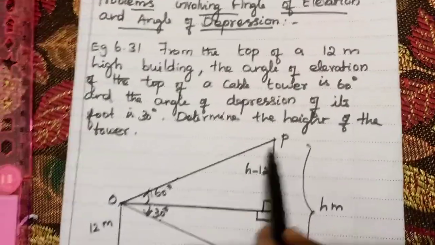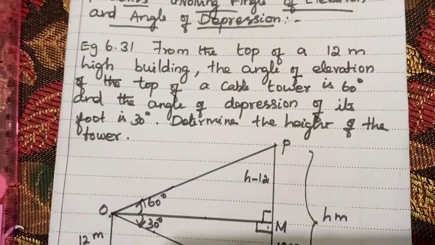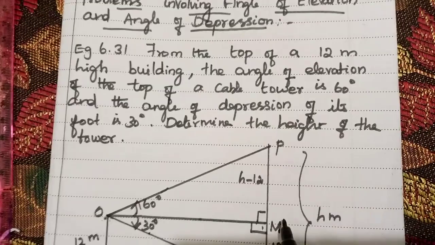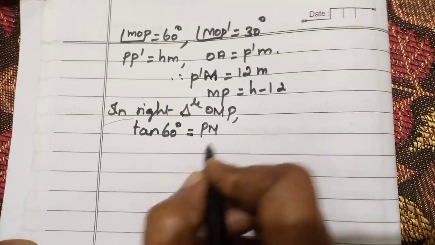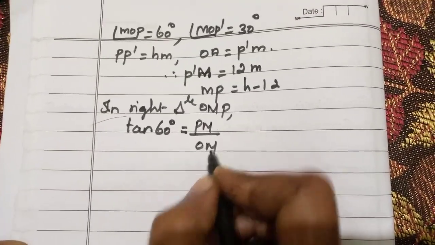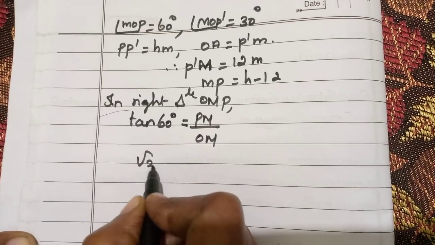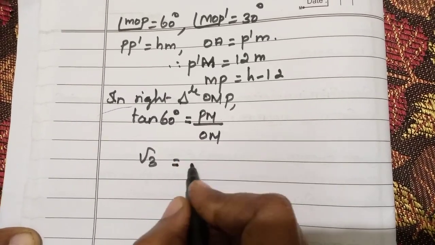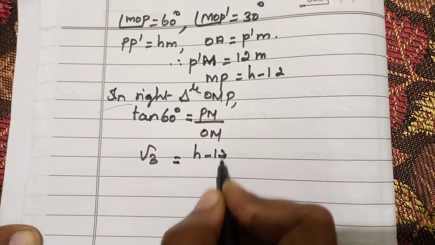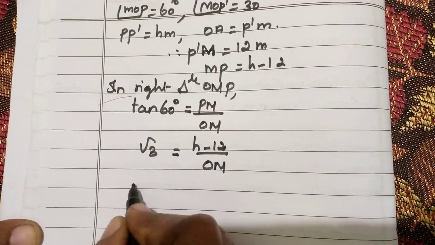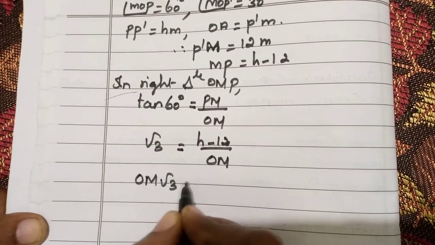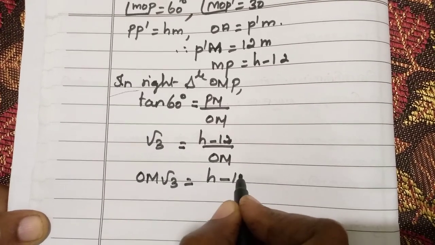From the diagram, the opposite side we have chosen in this right triangle OMP is PM, divided by the adjacent side OM. That is, tan 60, whose value is root 3, is equal to PM, which from the diagram is H minus 12, divided by OM. From here, cross multiply it. OM into root 3 is equal to H minus 12.